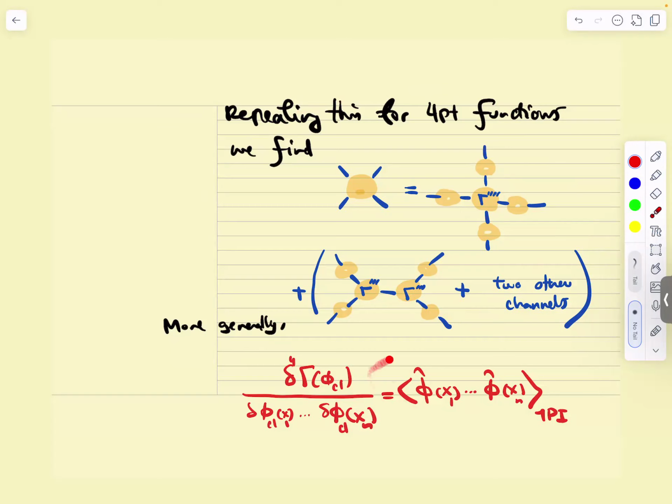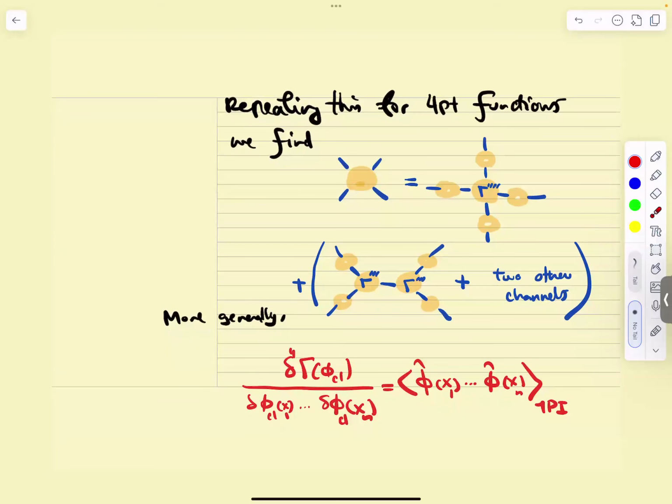So the n-point 1PI diagrams is the nth derivative of gamma. This was not proof. This is a diagrammatics demonstration. And you'll have to work a little bit harder to prove it. But hopefully you see it, right? That's why we love the effective action so much.